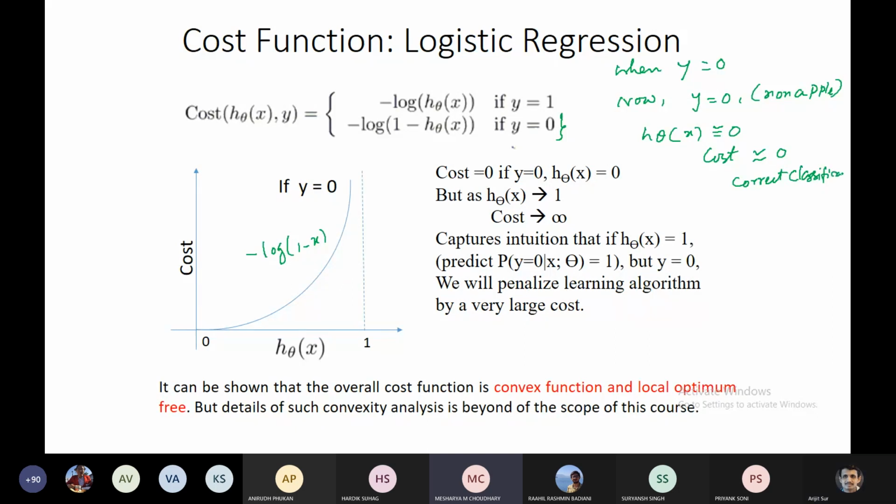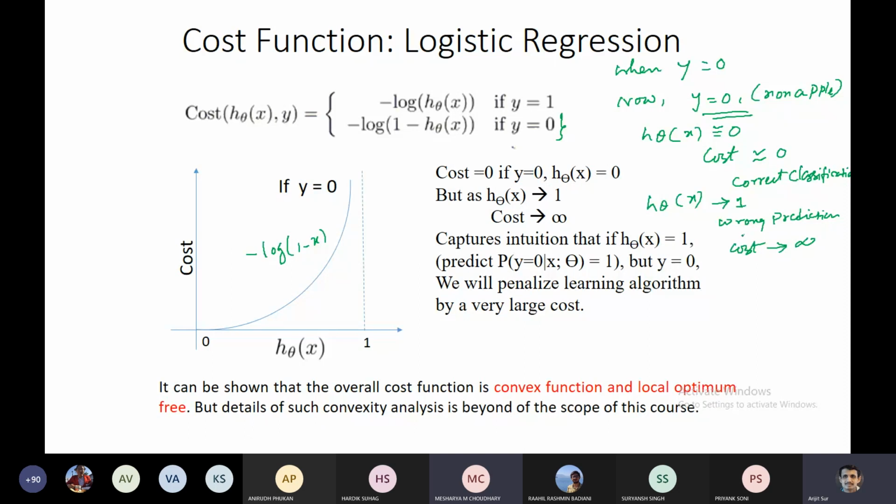But if our h theta x is close to 1, but remember y is 0, then we are doing a wrong prediction. So the cost will be very high, it tends to infinity.